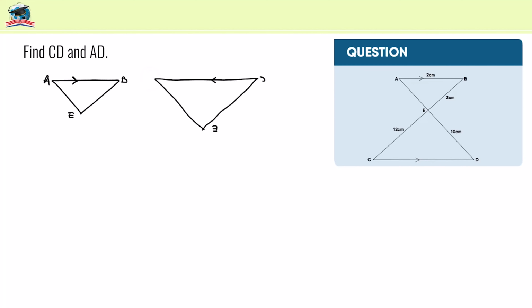That's our D. Got our D here, and then this is C here, and then our E. Beautiful. So this one here is the small one, and this one here is the big one. Okay, let's put values in.